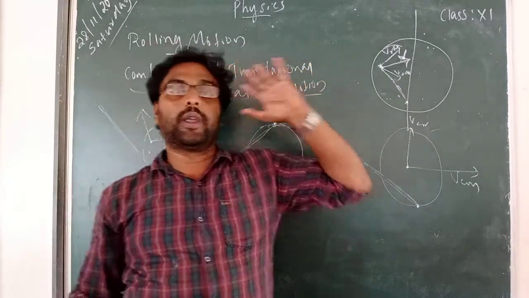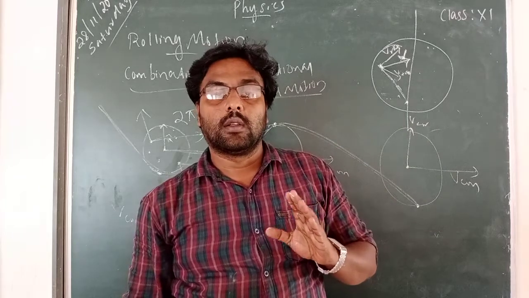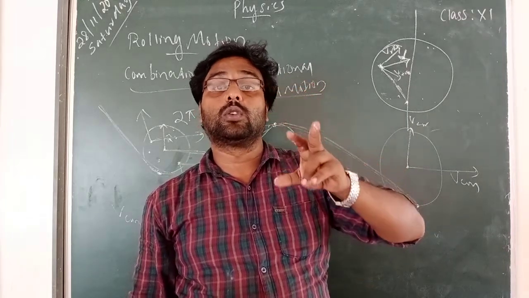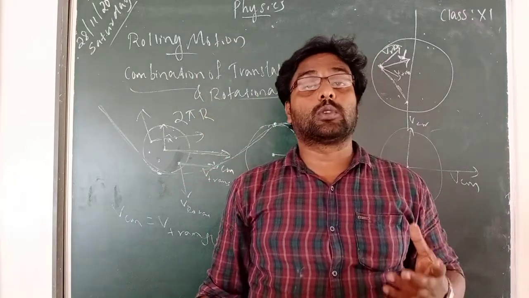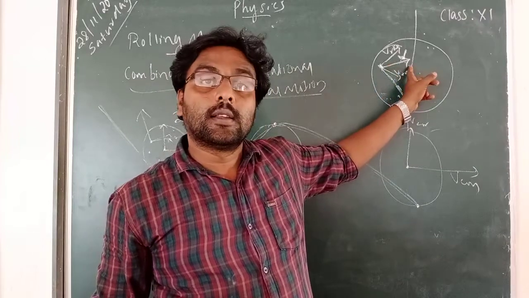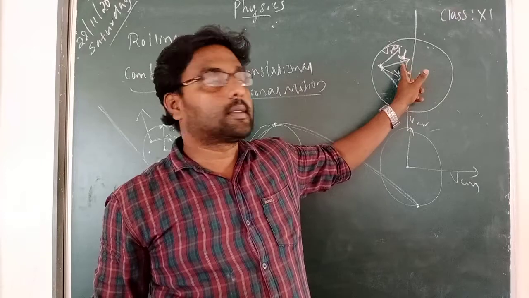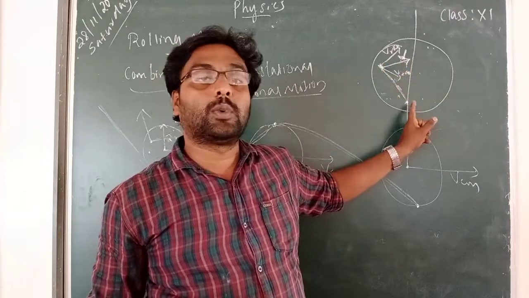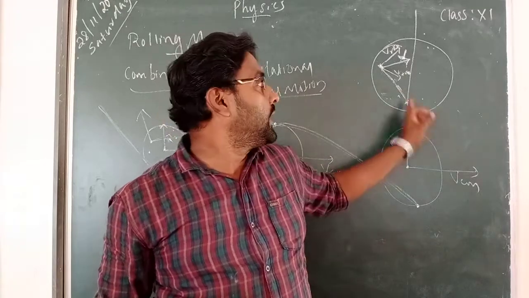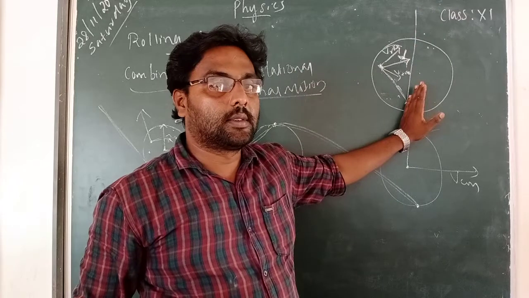whenever an object is in pure rolling motion, its point of contact possesses two motions: rotational motion and translational motion. This resultant velocity is always perpendicular to the line joining the point of contact and the center of mass. This is the center of mass.